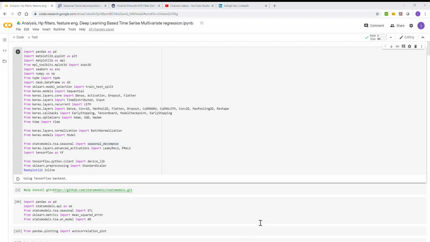Okay, the second thing people usually get confused about is between stationarity and white noise. There is a small difference. In stationarity, the mean is constant, not zero.